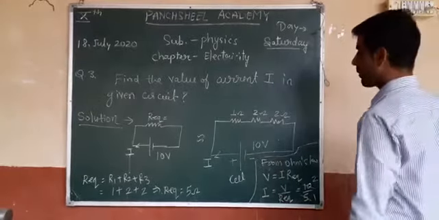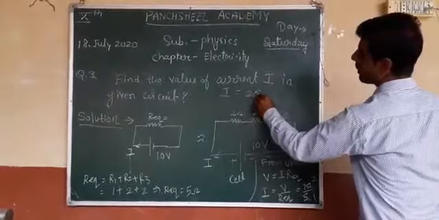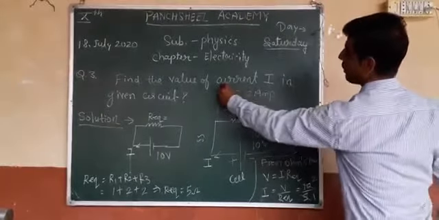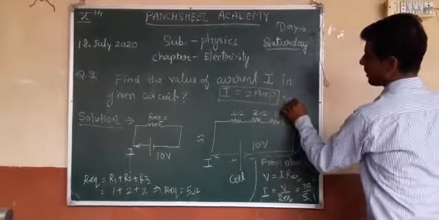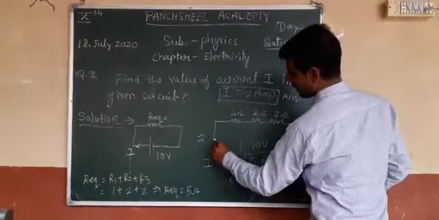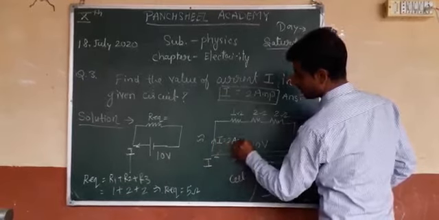So what is the value of I? I equal to 2 ampere. This is our answer right here. I equal to 2 ampere.